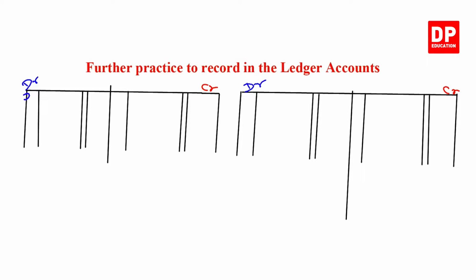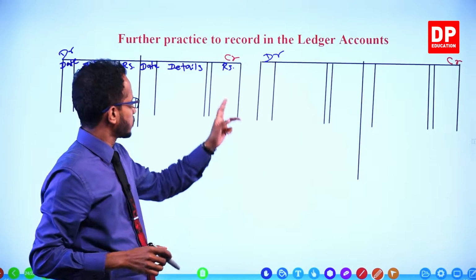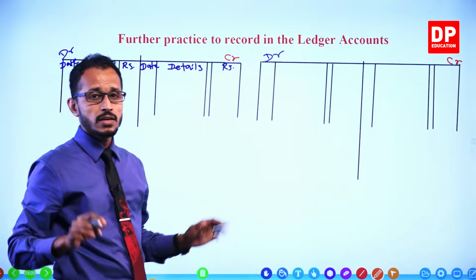Date, details, rupees, value column. You know the narrow column is for ledger folio, right?